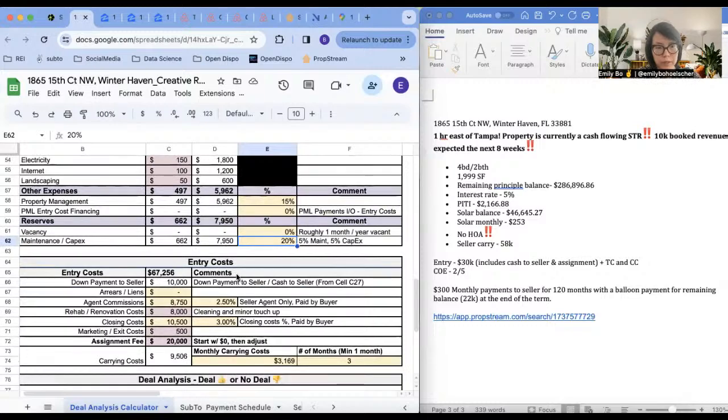So now let's break down the entry cost. There is a $10,000 down payment, and agent commission, because this is an on-market listing, so 2.5%. Renovation: if you want to rent it out as an Airbnb, anything related to water is better to be upgraded, because you don't want headaches down the road. Maybe you also want to upgrade the mattress to make sure your unit stands out in the market.